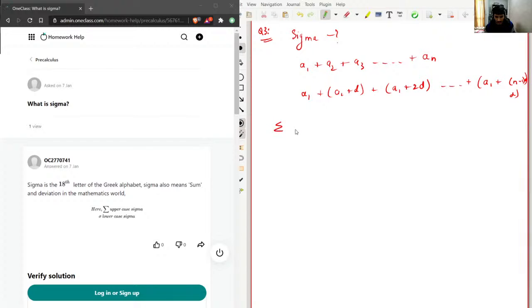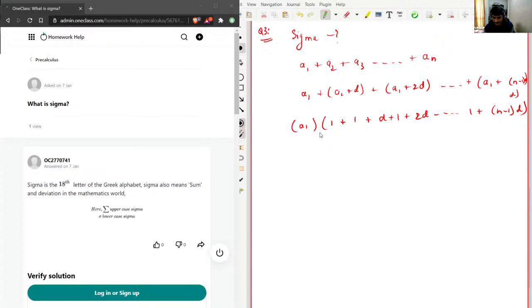Then I can club all these terms. So this will become a1 plus, I'll take a1 common, and this will become 1 plus d plus 1 plus 2d, continuing to 1 plus n minus 1 into d.